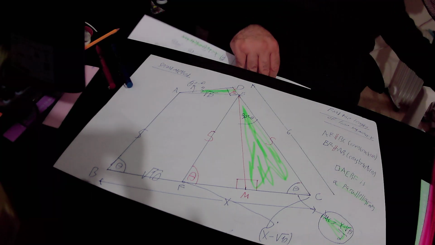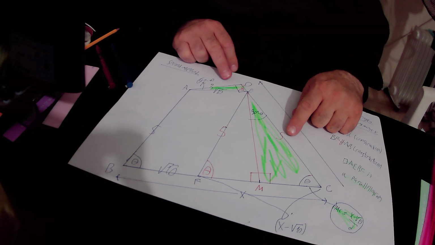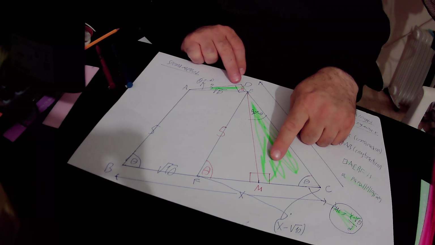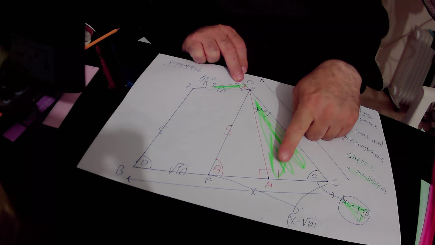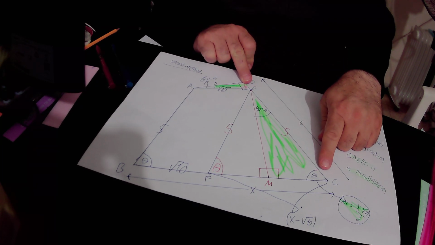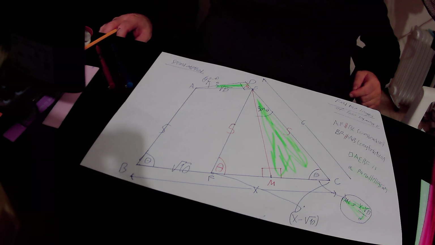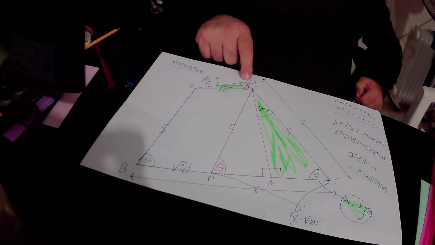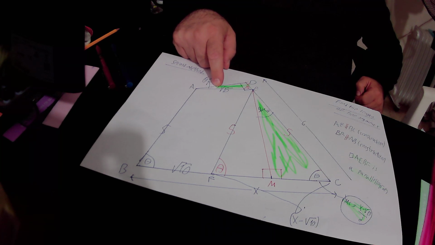Then we prove that those two right triangles are similar to each other. Why? First of all, those two angles are both equal to 90 degrees, therefore they are equal to each other. Those two angles are both equal to theta, therefore they are equal to each other. In the right triangle ADE, this angle equals 90 degrees and this angle equals theta, so the remaining angle must be 90 degrees minus theta.